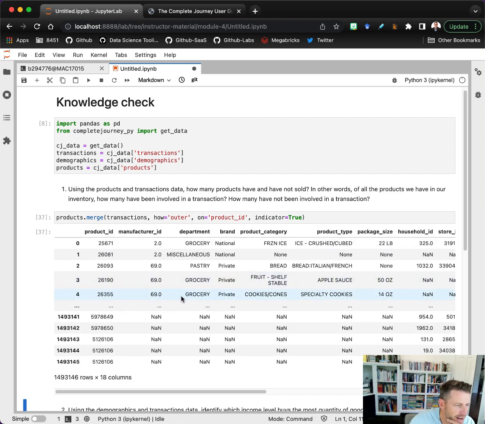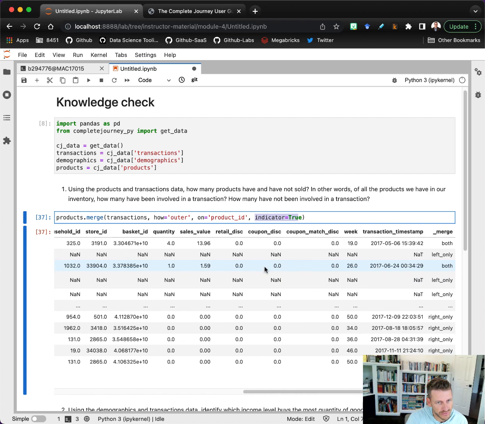Now what happens is we are going to merge basically all of the product observations and all the transactions observations together. But we add this indicator equals true, and what that does is add this underscore merge column.